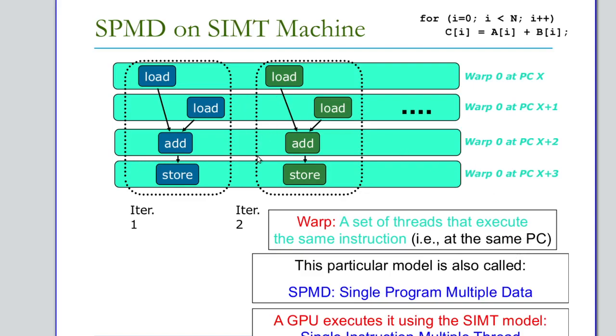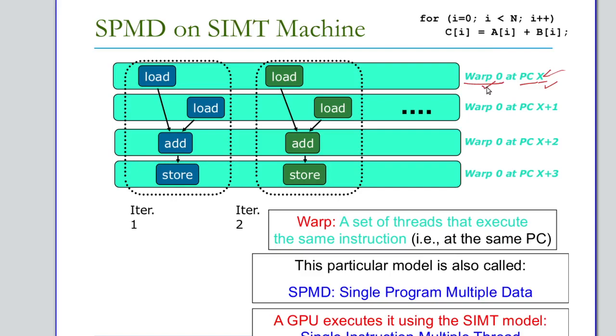For this example, what will happen? You have different iterations. Keeping in mind the size of the warp, PC is the program counter. In PC we have X, the address of the instruction. So we fetched one instruction, and we may have several warps: warp 0, warp 1, warp 2 and warp 3, depending on the number of threads we have launched.